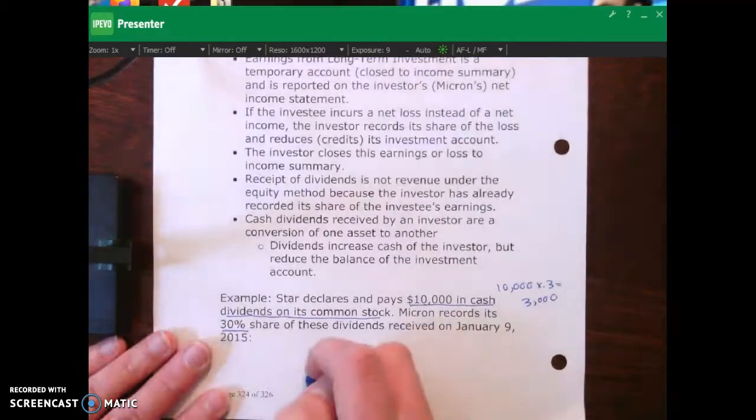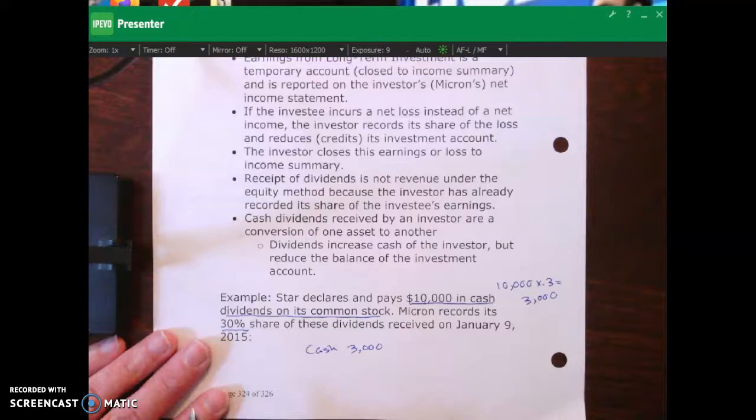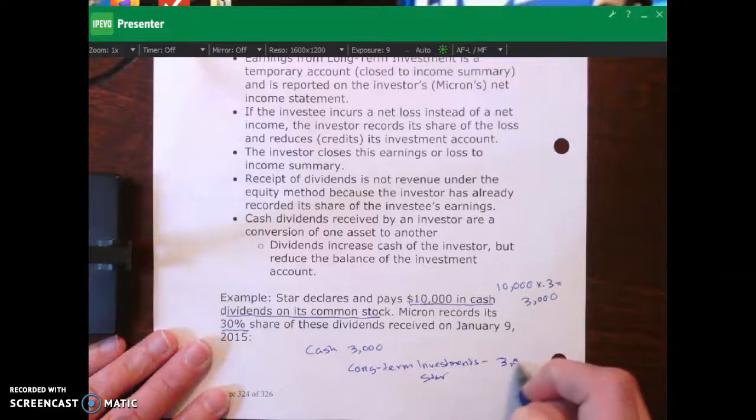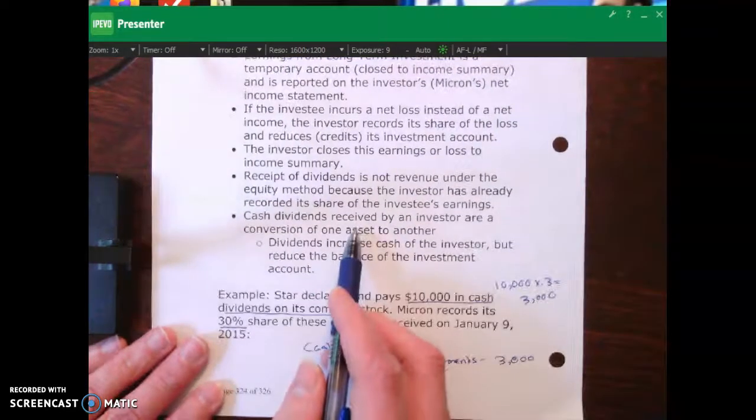Now in this journal entry, we would debit cash, $3,000. And rather than recording dividend revenue, it's not dividend revenue because of the influential influence. In this case, what we would do is reduce the long-term investments account, Star, by the amount of the dividends that we received, and that's what we're saying right over here.